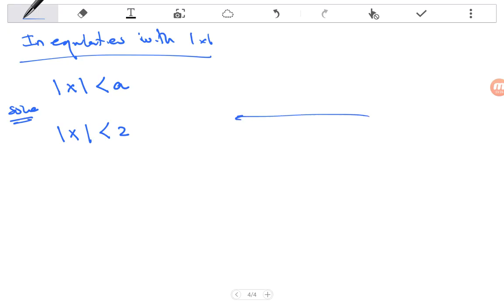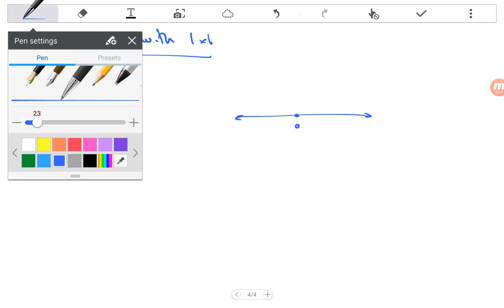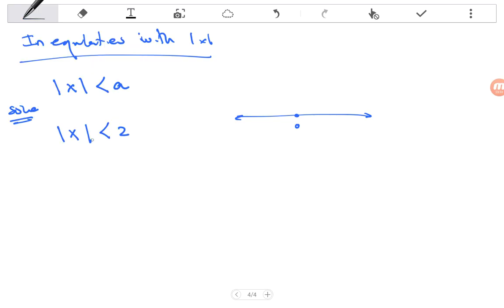Now remember, this is 0, and we need to find all the x's which have a distance from the origin less than 2. Where are all these points? These are x's that satisfy this inequality, because each of these values has a distance from the origin less than 2.